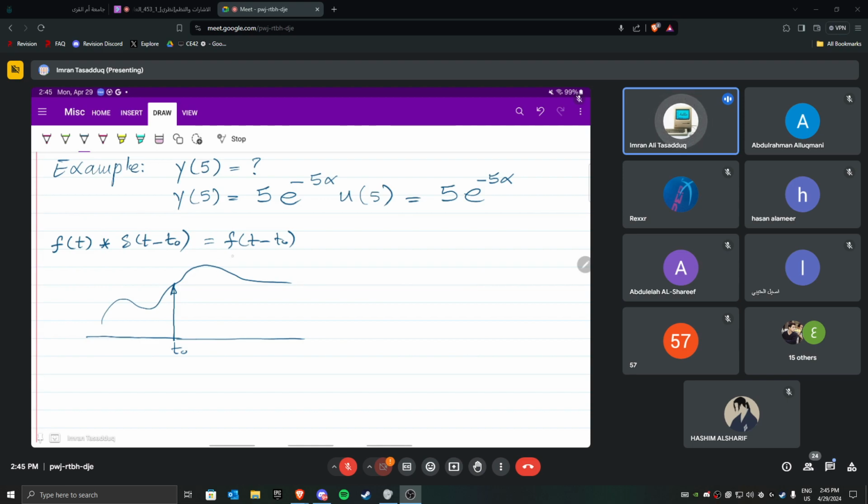This is f of t. When you do the convolution of delta t minus t naught with this f of t, the whole f of t is going to shift to the right by t naught. So you get the same signal but shifted like this. But if you convolve with delta t, the signal remains the same.